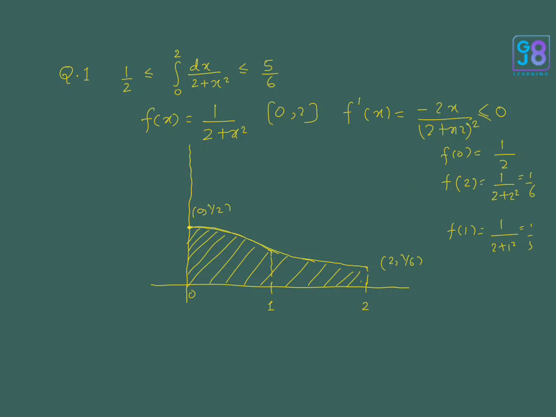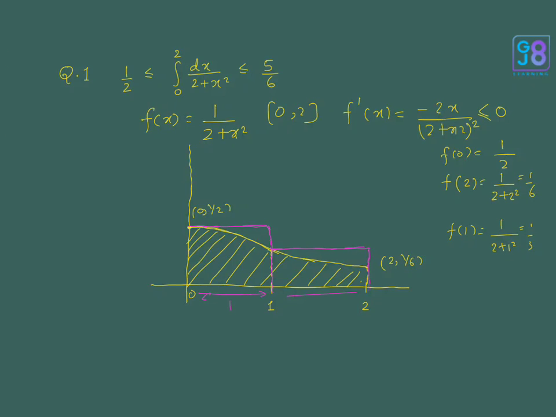Now I am considering two rectangles over here. One rectangle is this, and the other rectangle is this. As you can see, the integral value, which is the area bounded by the curve and the x and y axes, is certainly less than the area of these two rectangles. So we calculate the area of these two rectangles.